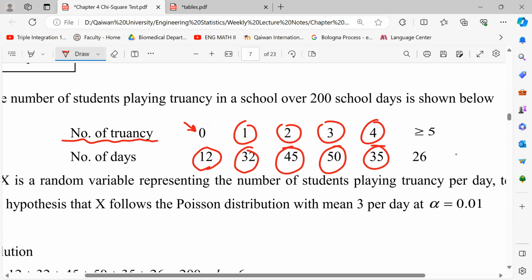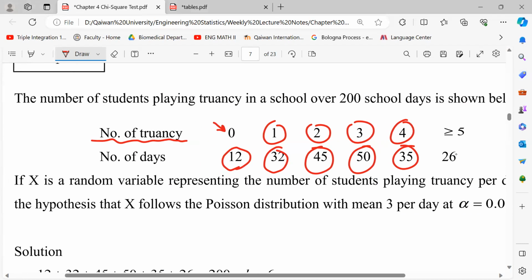If no one played truancy, we have only 12 days. In 12 days, no one played truancy.